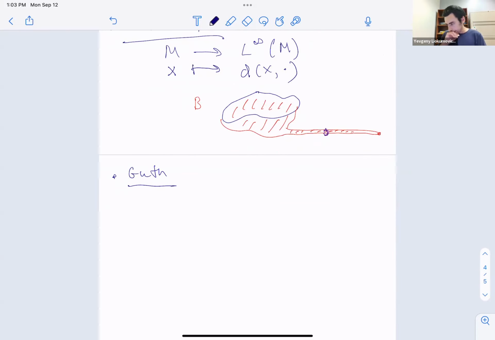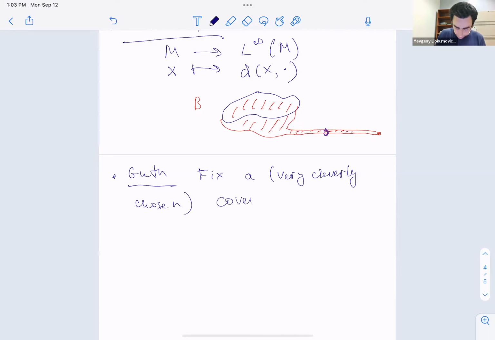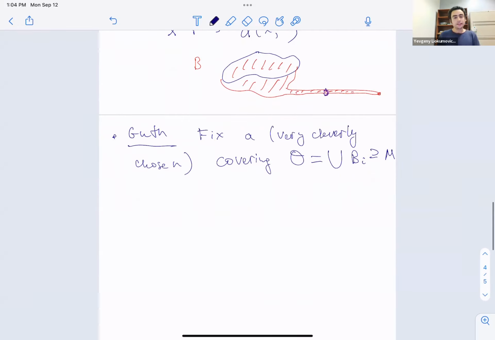So Larry Guth starts with fixing a very cleverly chosen covering of our manifold M by balls. And then he defines an embedding into what he calls a rectangular nerve of this covering.